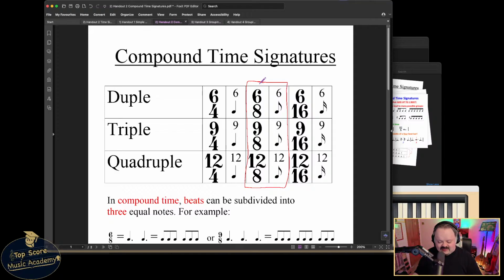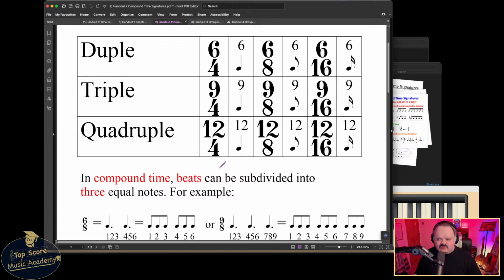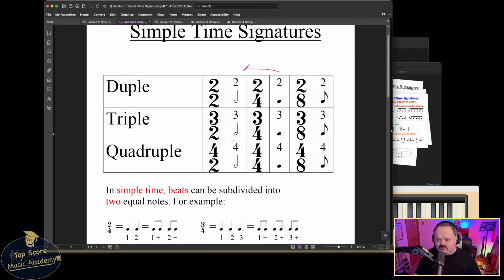And this is, as I said, where it gets a little bit complicated, as you'd expect for compound time. When we were talking on the previous page about simple time signatures, if we take 2/4, it really is what you expect when you describe it. 2/4: 2 crotchets or 2 quarter notes per bar.